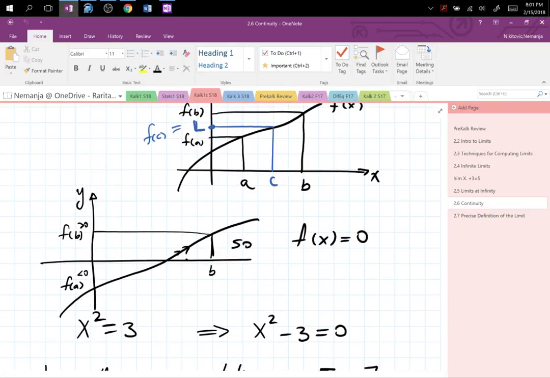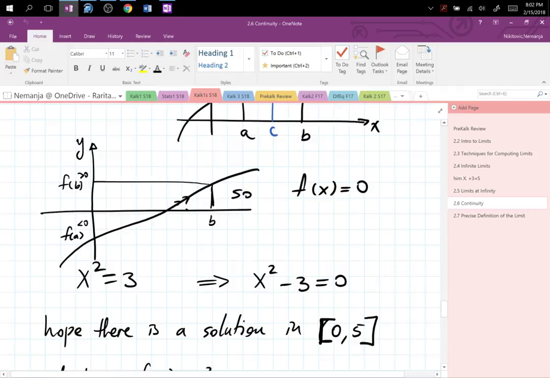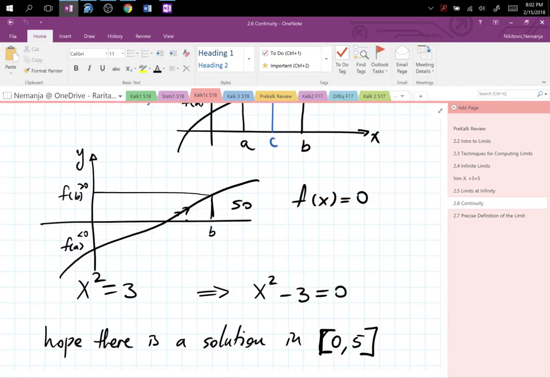What I wanted to do is find the answer for the equation x squared equals 3. Now we know that the answer for that is plus or minus root 3. Root 3 is about 1.73, and you're done with that, right? But say you don't know any of that, or imagine whatever other equation that you don't know the answer to. What you do is you make a guess on the interval. You say, I hope that the answer for this equation is on interval 0 to 5. So that's just your guess.